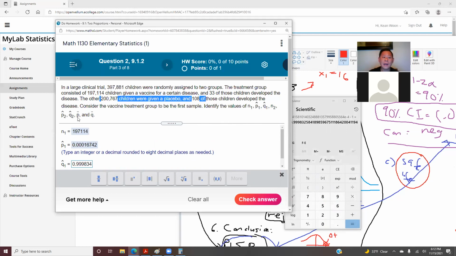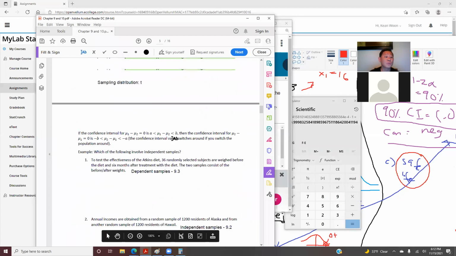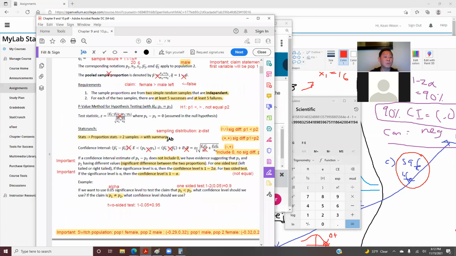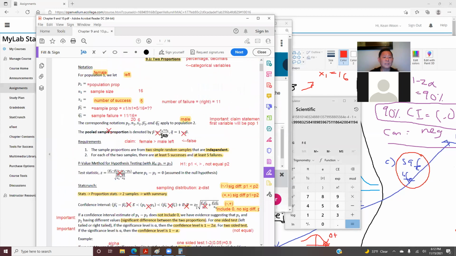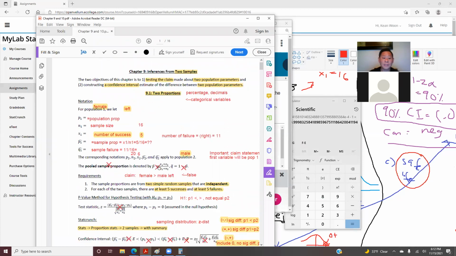And then to find the P bar and the Q bar, you have to use the formula. The formula is in the notes, right over here. See, this formula is 9.1, right? This is the formula for P bar.